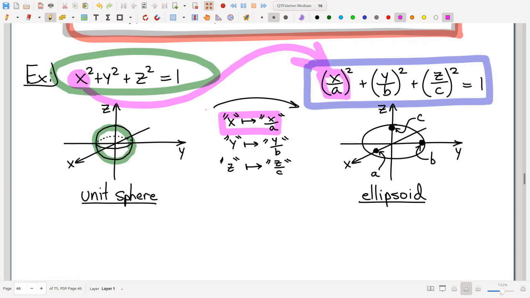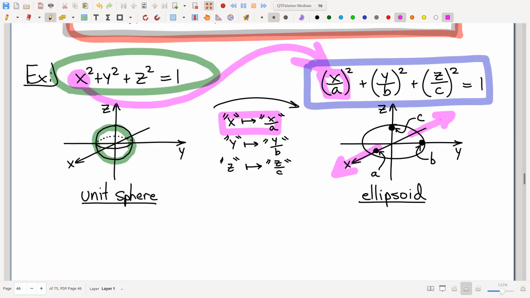So geometrically, what undoes that? What undoes dividing by a? The answer is multiplying by a. And so the effect of that is to stretch the surface in the x direction by a factor of a. Is that cool? Everybody on board?